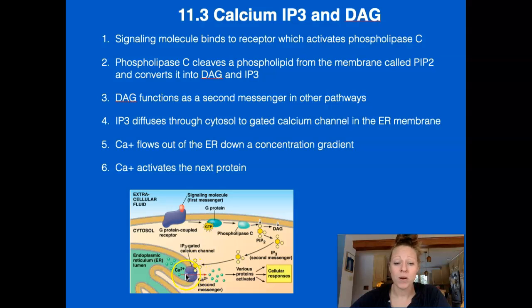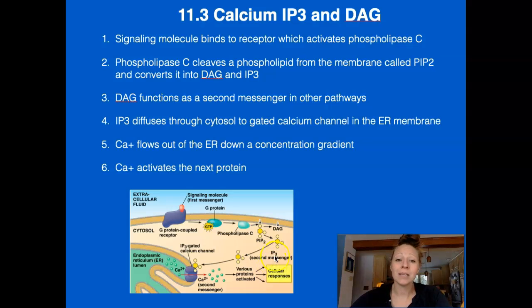It's going to open the channel and allow calcium into the cytoplasm. And so here, this calcium is going to work on other various proteins. And so it could work on a number of different proteins, creating a number of different cellular messages.